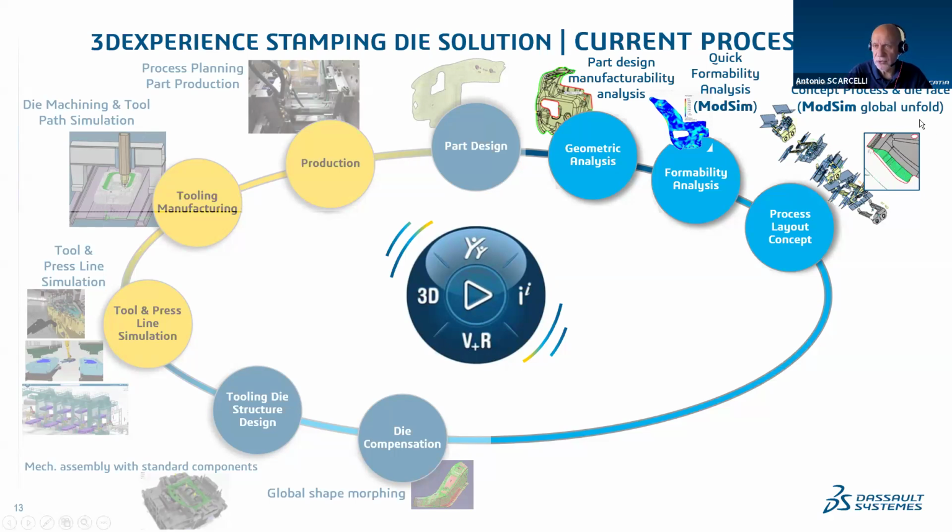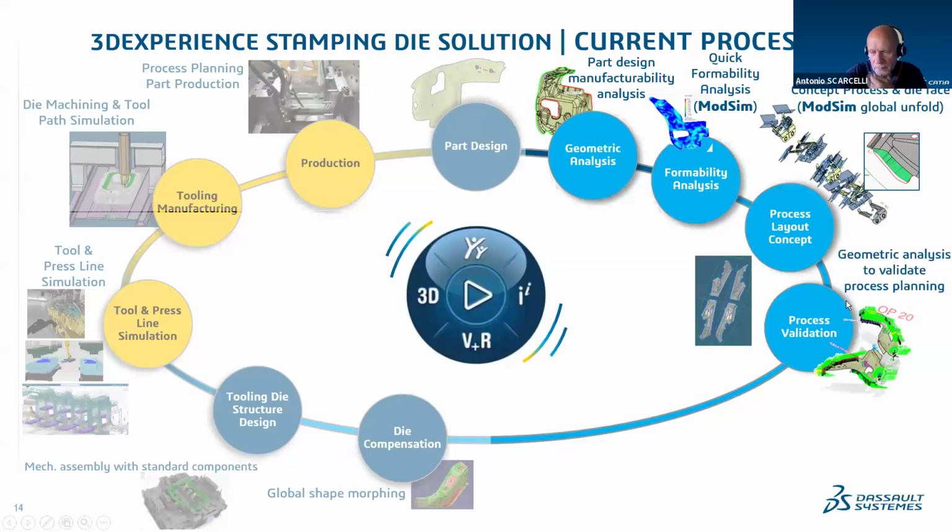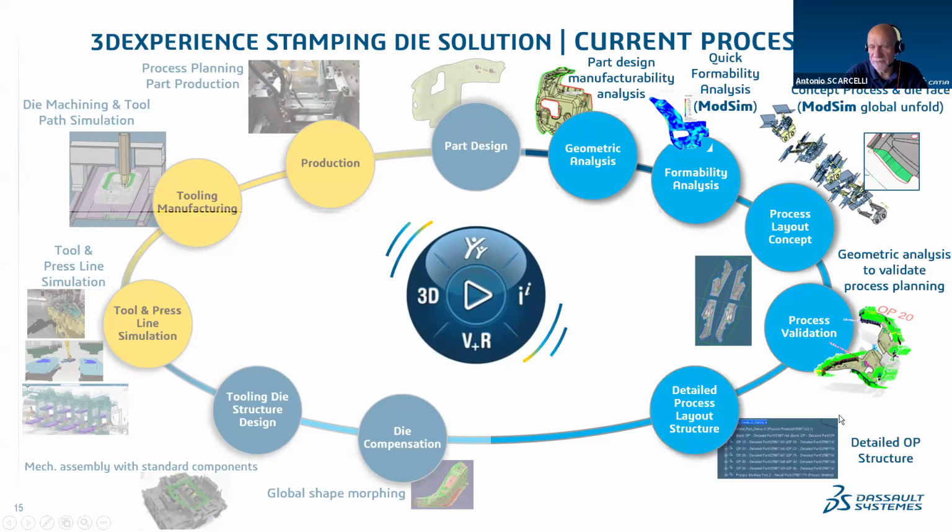In parallel, you will have the possibility to have a global unfold of your part, because we start from a flat sheet metal, so we need to define the minimum size of this sheet metal in order to produce our part. After that, you will have the validation of your process. For each operation, you will do some validation.